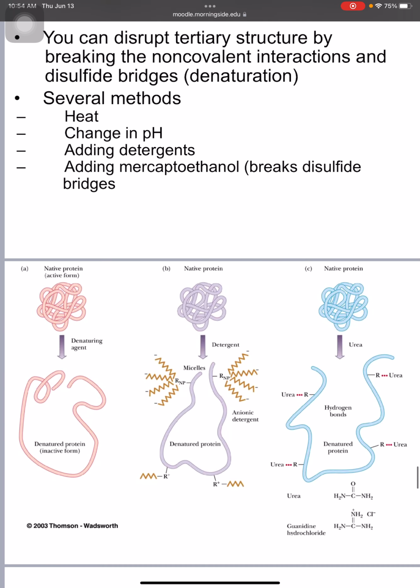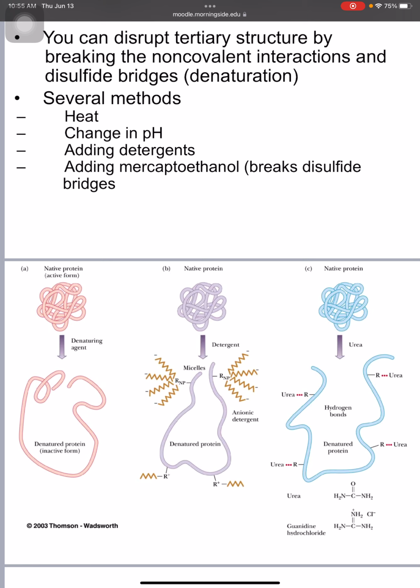So you can see the basic effect on this, right? You might have a globular protein and you denature it somehow and it gets a lot more straightened out. How this happens depends on the method that you use. If you use a detergent, you're adding amphipathic compounds, and you're probably going to be forming structures similar to micelles around certain residues.